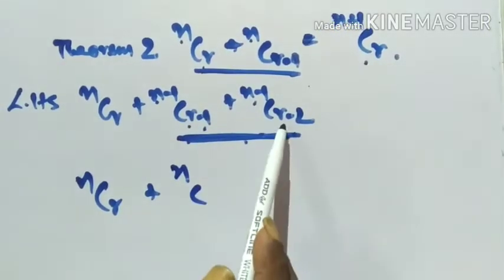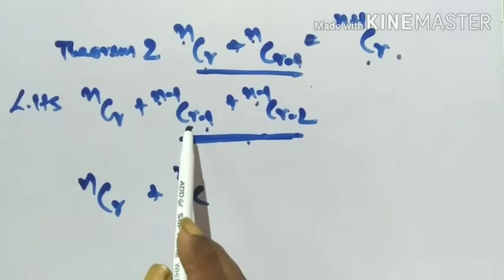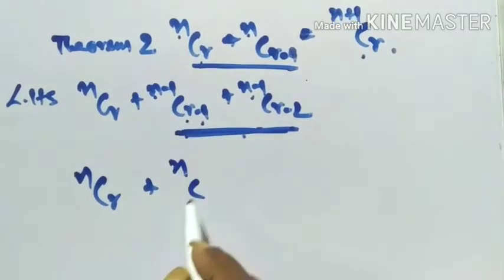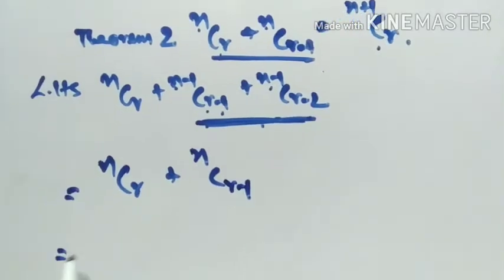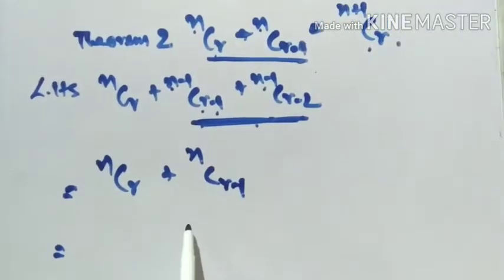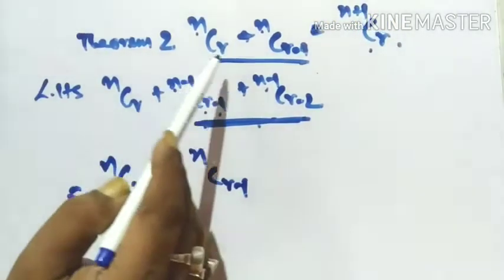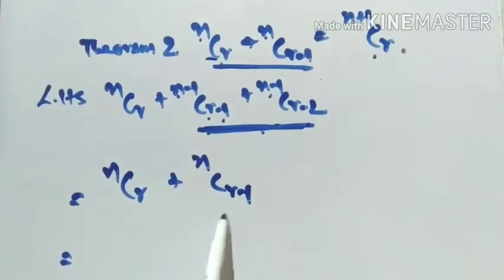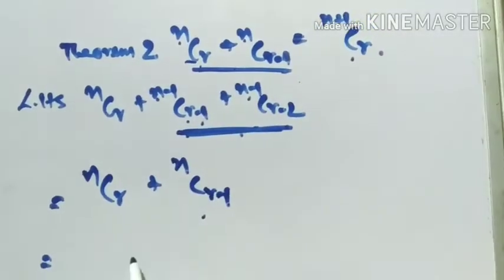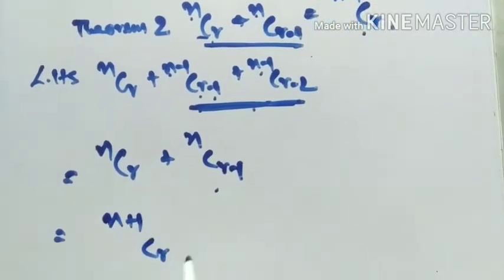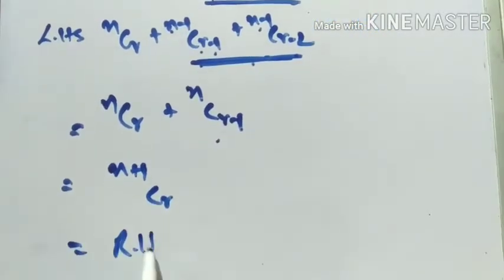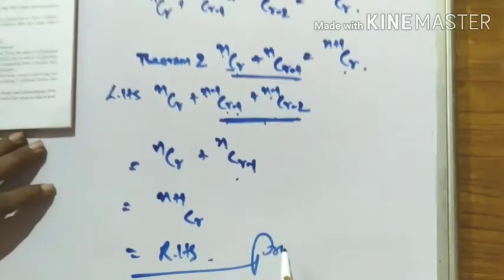Now, r-1 and r-2, the greater is r-1, so r-1 will be selected. This is done. Again, I am going to apply theorem 2. You see, this is theorem 2 and it is the same. So your answer will be (n+1)Cr, that is equal to the right-hand side. Proved.